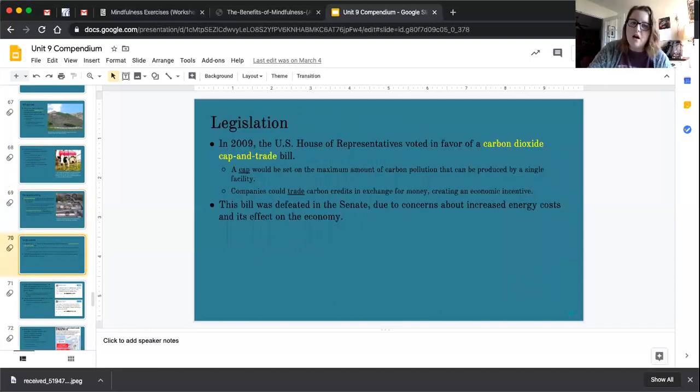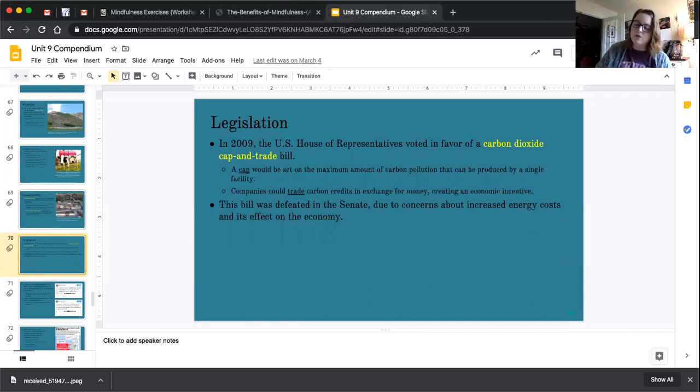All right. Another option to mitigate the things caused by climate change is a carbon cap, right? So that means that a single facility can only release a certain amount of carbon dioxide. And then if you had leftover carbon dioxide in your budget, right, you could trade it to other factories so that they could pollute more, but they would have to pay you something, right?